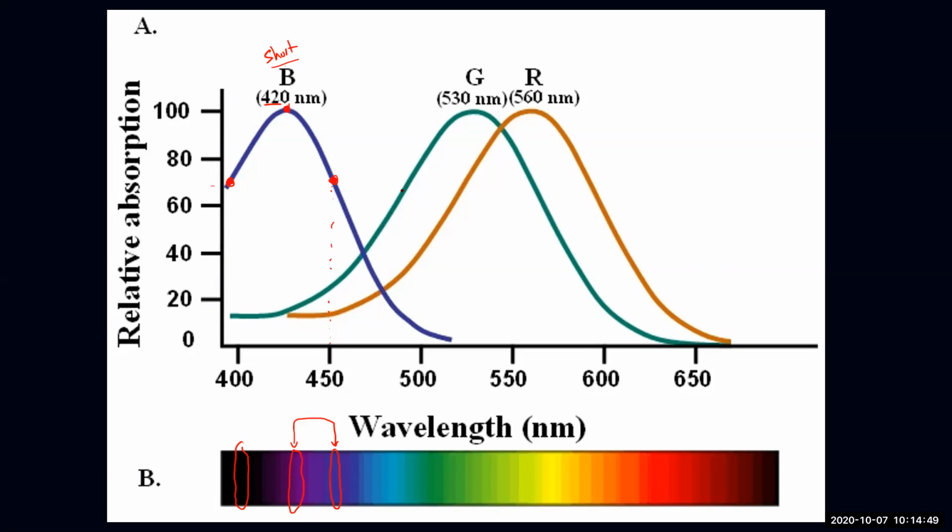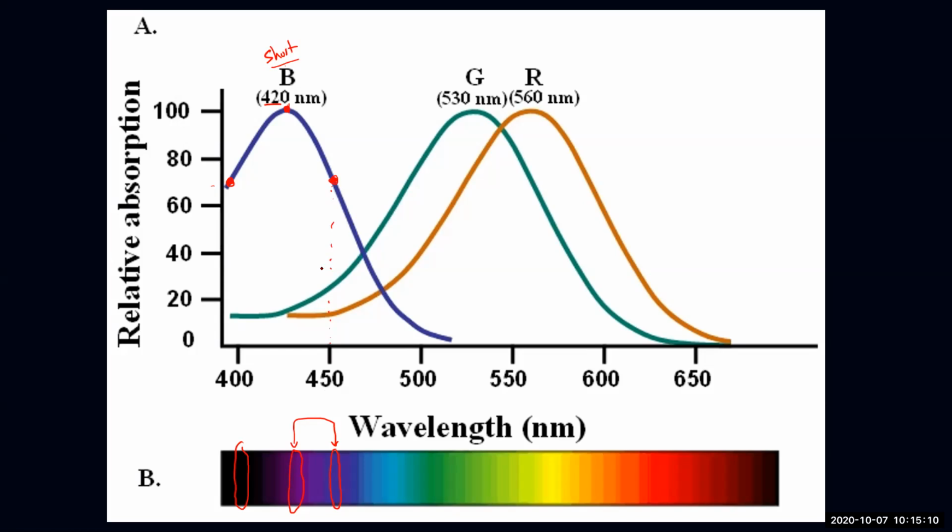We have a maximum response here. Any other wavelength, we do still have a response. We are still going to get action potentials going to the brain, but our response won't be as strong.